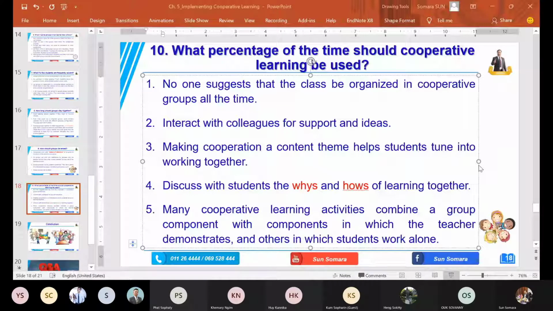So that is how you can let your students work cooperatively. But remember, it does not mean collaborative work all the time. Sometimes it is also a boring job. Better to combine it with other teaching techniques or activities that help them feel refreshed as well. Okay, so that's it.